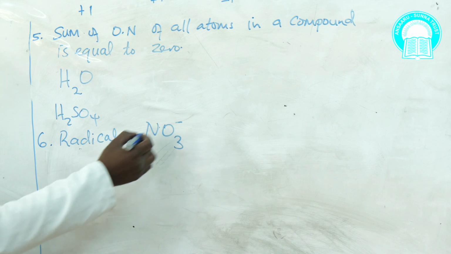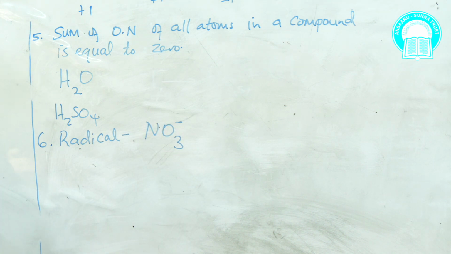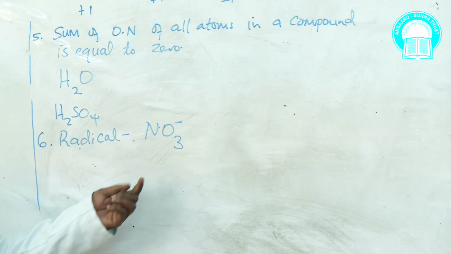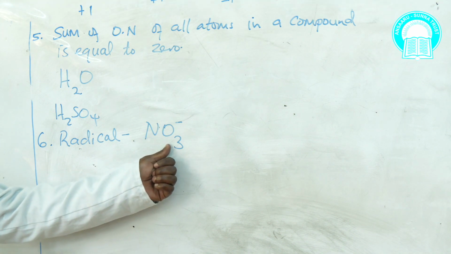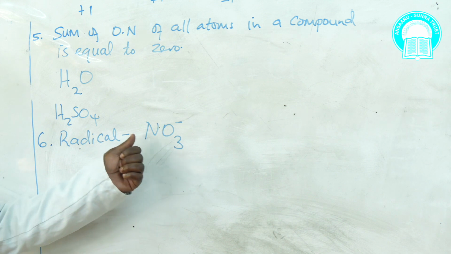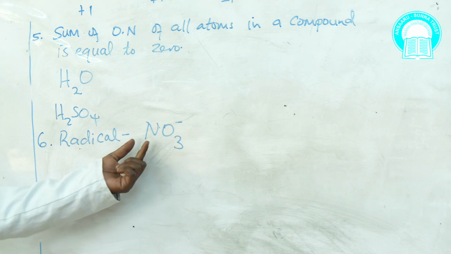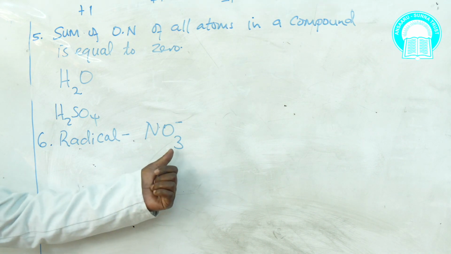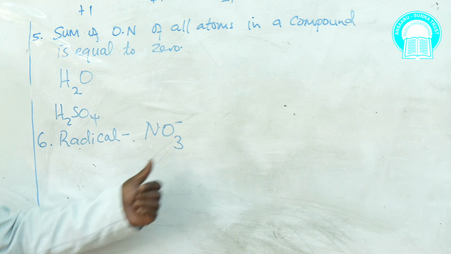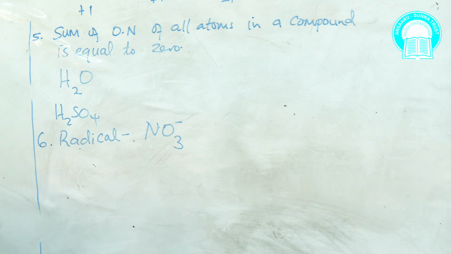If we have a nitrate ion, it is made of 1 atom of nitrogen and 3 atoms of oxygen. So the oxidation number of 1 atom of nitrogen plus the oxidation number of 3 atoms of oxygen, when we add, we should get -1.